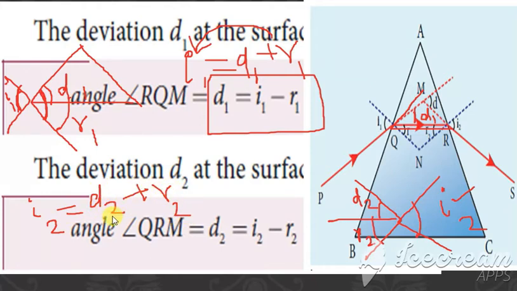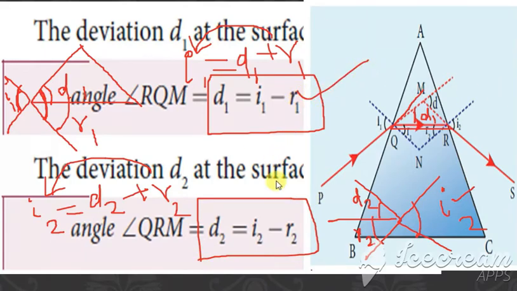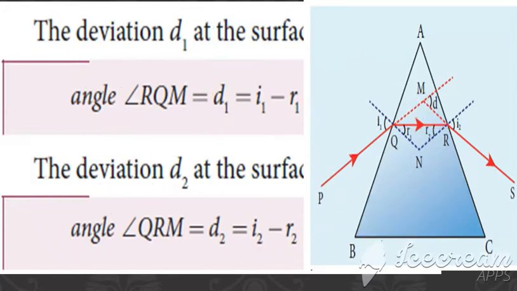If we need the value of D2 alone, bringing R2 to this side, we get D2 is equal to I2 minus R2. So these two equations are written from the diagram. Clear with this? D1 is equal to I1 minus R1 and D2 is equal to I2 minus R2.